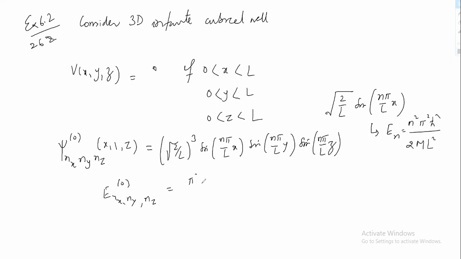This will be pi square h cross square by twice m L square, and instead of n square, we will write nx square plus ny square plus nz square.